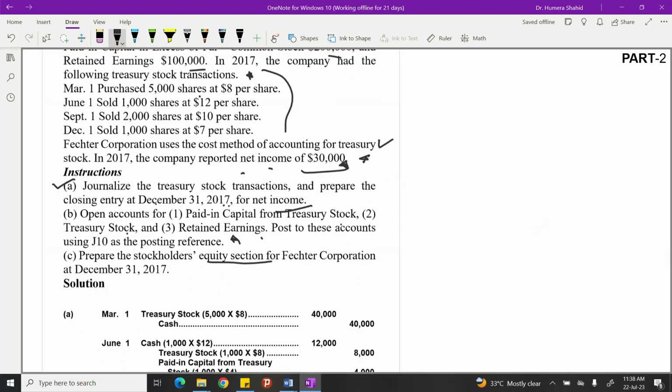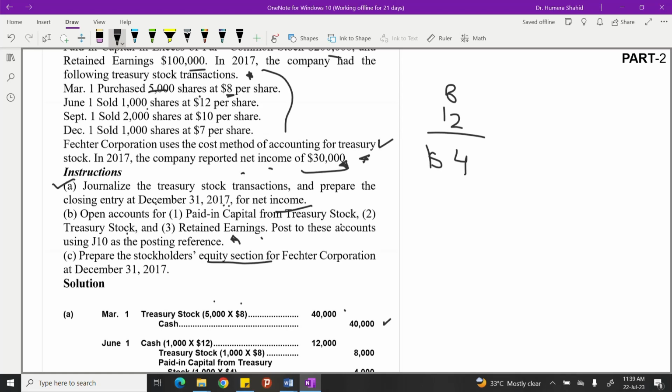March 1st, purchase 5,000 shares at $8. So cost becomes par. Treasury stock 5,000 multiplied by 8, that is 40,000, and cash gets credit with 40,000. June 1st, sold 1,000 shares at $12 per share. So cost is 8, issue price is 12. You are selling above cost by $4, so we will get paid in capital from treasury stock.